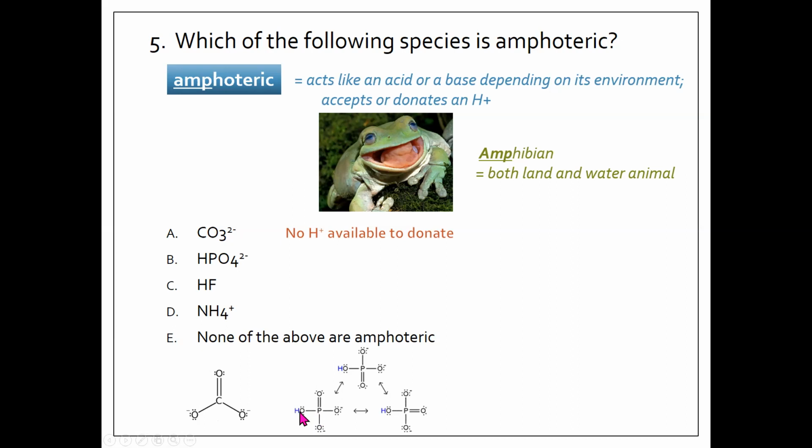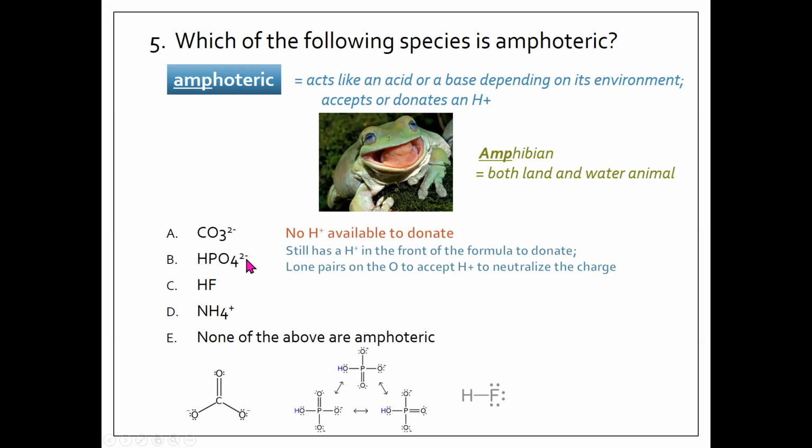So this proton is acidic, but also you've got this negatively charged oxygen here. If there was another proton available, it could add to the lone pair to cancel out that negative charge. So in this case, the HPO4 2 minus would be amphoteric.